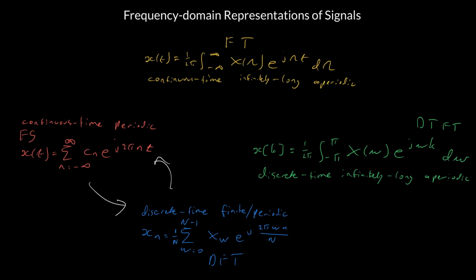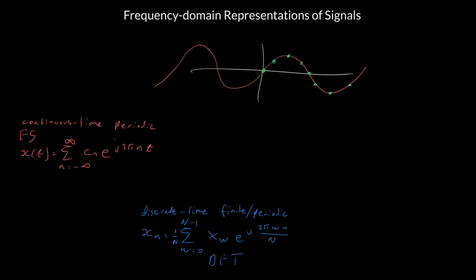Not surprisingly then, if we want to understand going from the Fourier series to the DFT and back again, this concerns sampling in time, and so expect exactly the same comments as when going from the Fourier transform to the discrete-time Fourier transform.